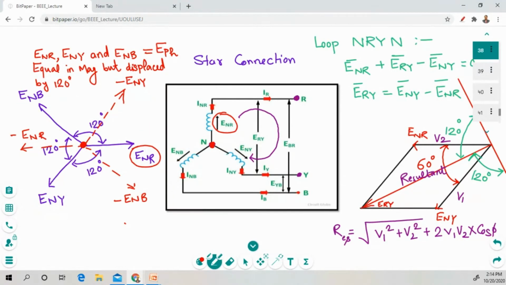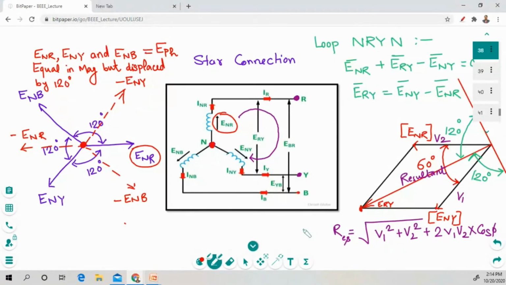The resultant of ERY: this is the first phase E and R, and the second phase is E and Y. To create a resultant, we draw a perpendicular from E and R and a perpendicular from E and Y, and they meet at some point.